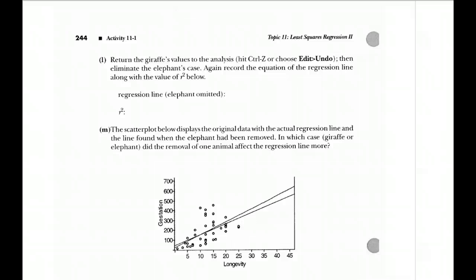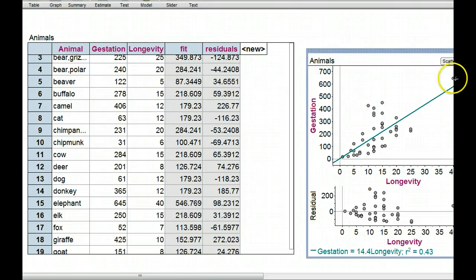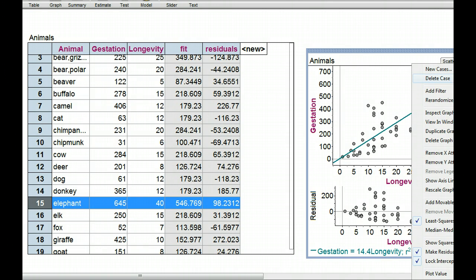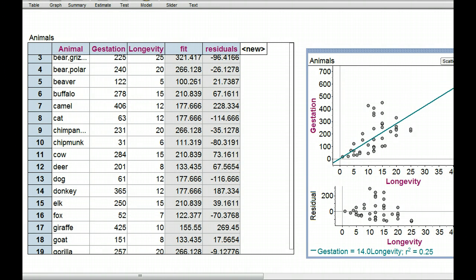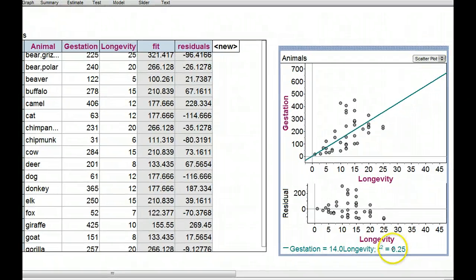Then eliminate the elephant. Oh, okay, now let's see. So we took out the giraffe, the one with the largest residual value, and now we're going to take out the elephant. There we go. Delete the case. And that changes our equation a little bit. I feel like I should have changed it much more.